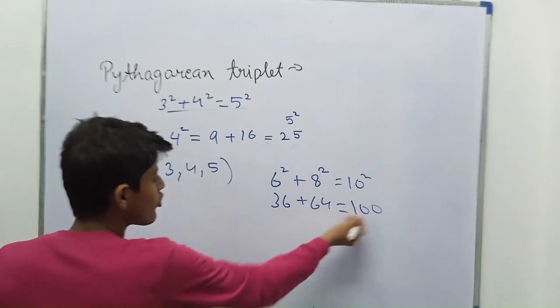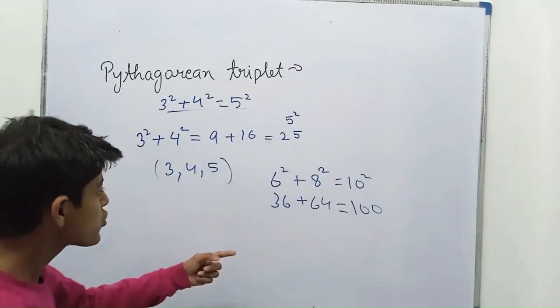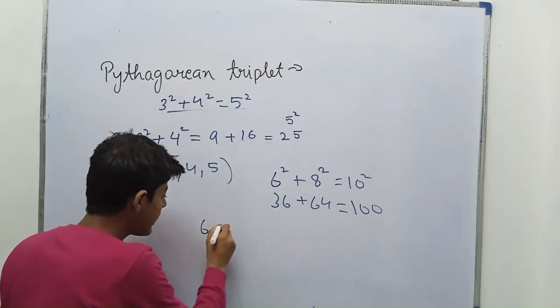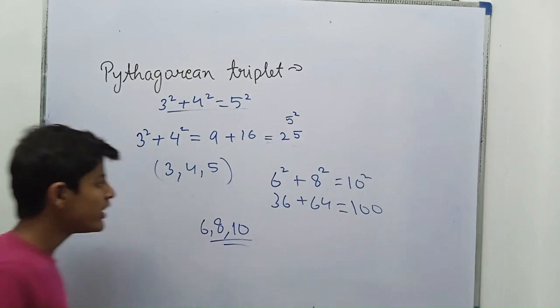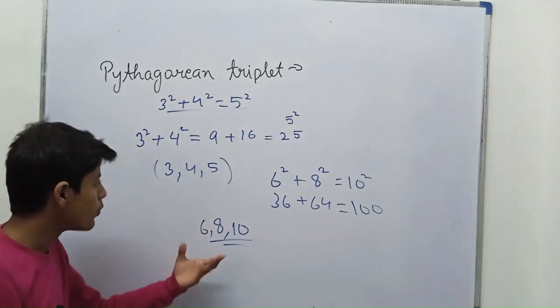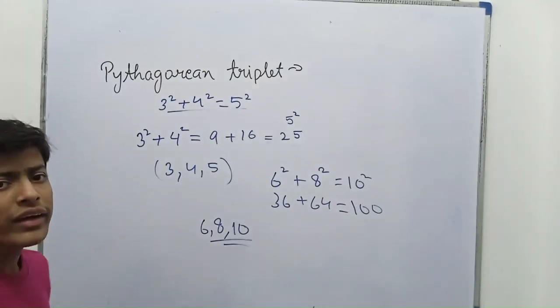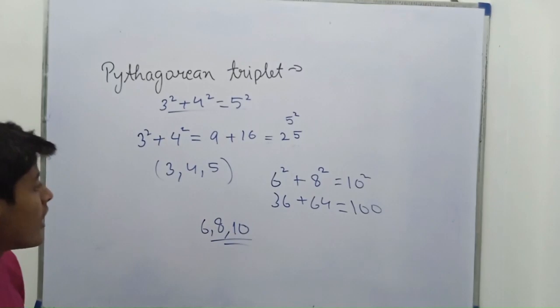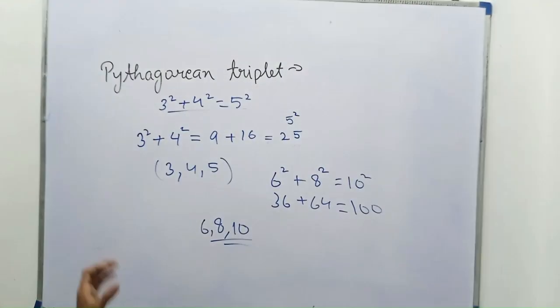So 6, 8 and 10 is also a Pythagorean triplet. There are certain more numbers by which we can make a Pythagorean triplet. Now let's see the formula, how we can know whether a following number is in a Pythagorean triplet or not. So let's see that.